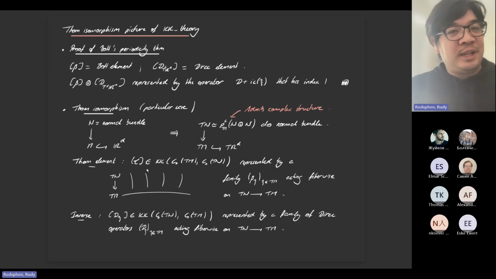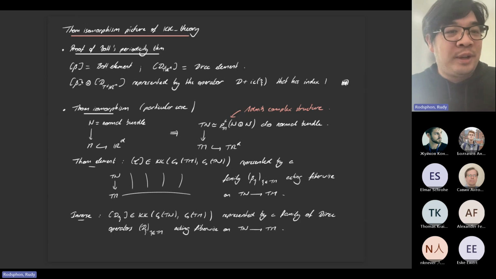Just to get back to Bott periodicity that we had before, you can also prove it via the index of some perturbed operator. Before, we had the Bott map and the inverse that we described.